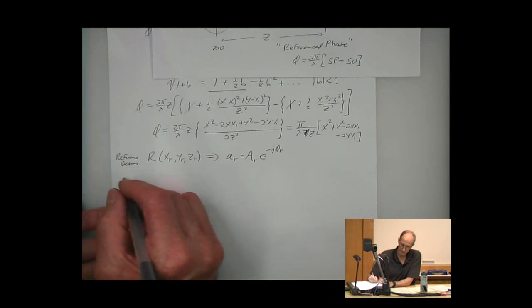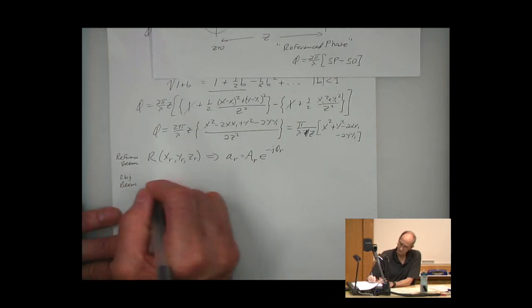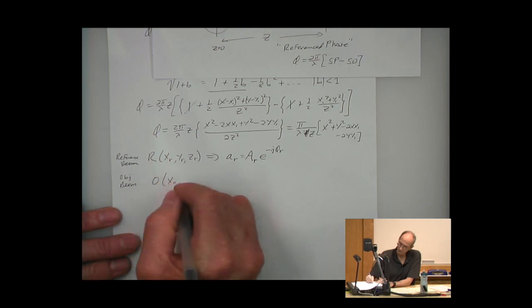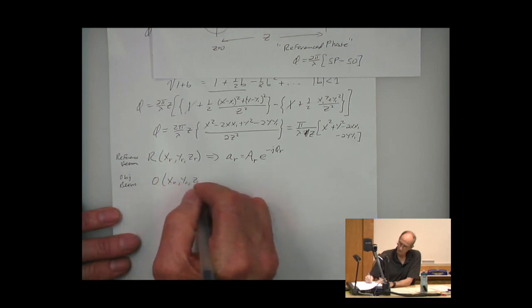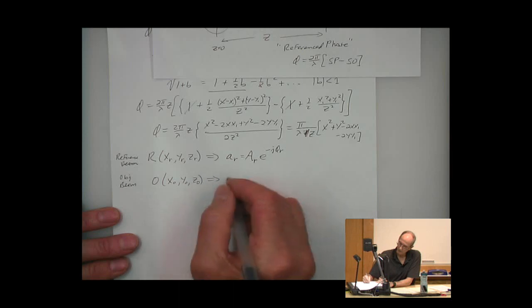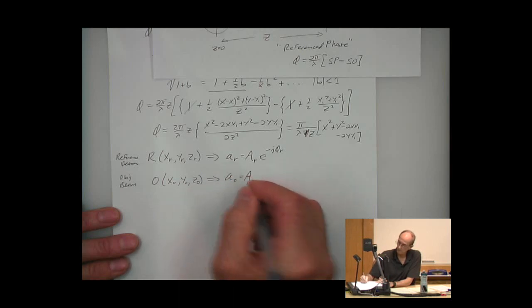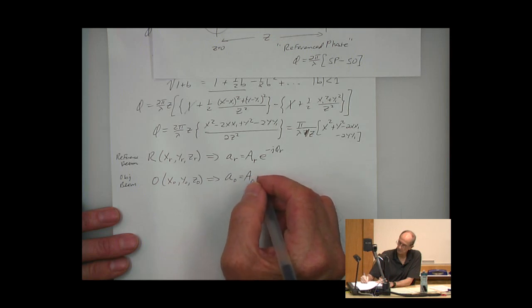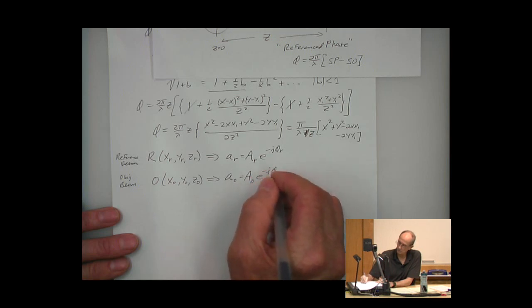And then we have an object beam O with xo, yo, zo, and this has a field term a sub 0 for the magnitude, e to the minus j phi 0.